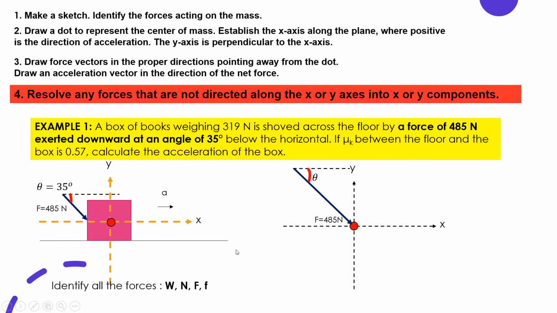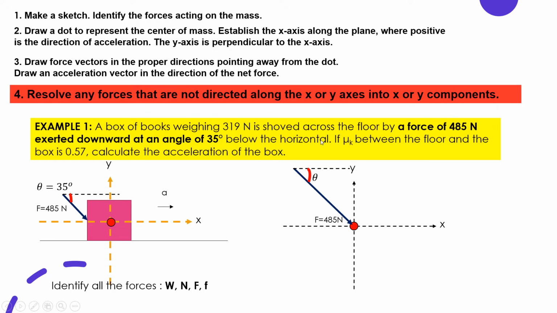Okay, so now look at here. Look at the arrow, the blue color. The external force is in this direction, where here the angle is 35 degree. And look at the arrow. For the free body diagram, make sure the force vector is always pointing away from the dot.